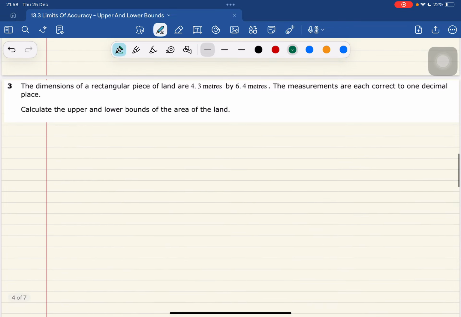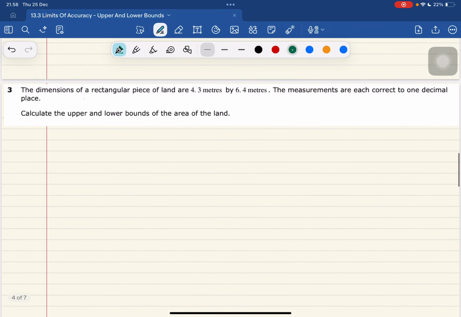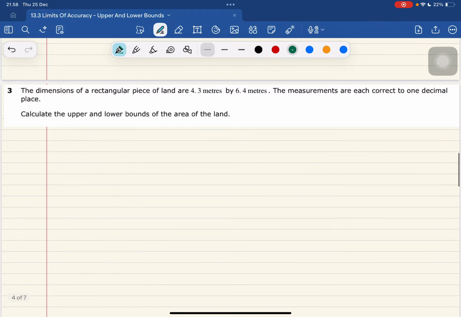Number 3. The dimensions of a rectangular piece of land are 4.3 meters by 6.4 meters. The measurements are each correct to one decimal place. Calculate the upper and lower bound. For 4.3, to one decimal place, so 0.1, we make it a half, so 0.05.